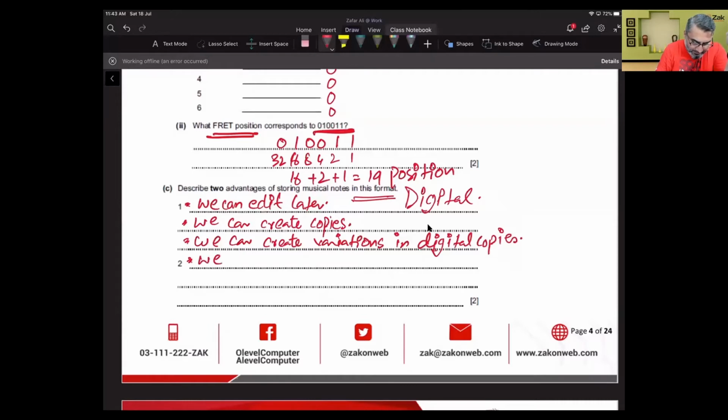We can share the digital file, like by email or Bluetooth transfer or WhatsApp.